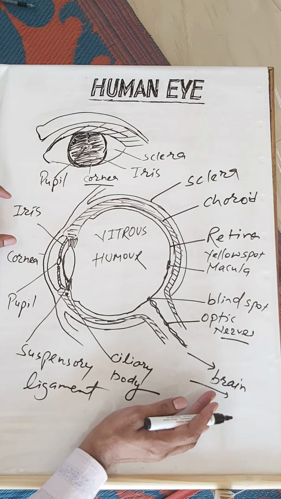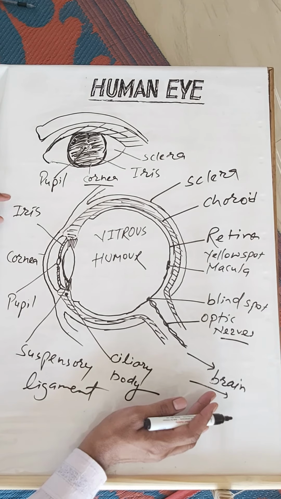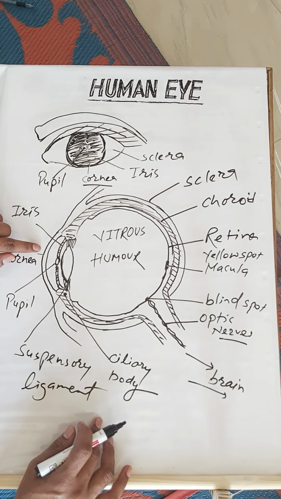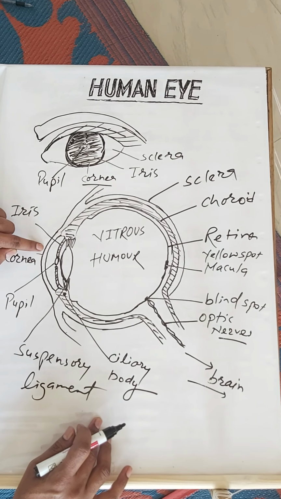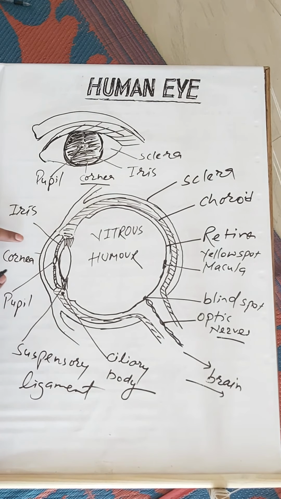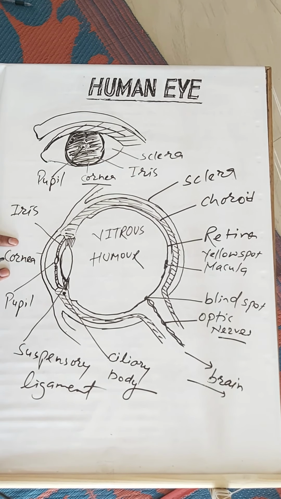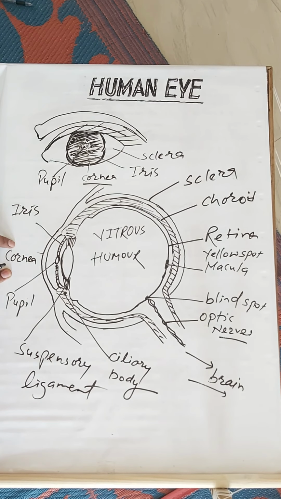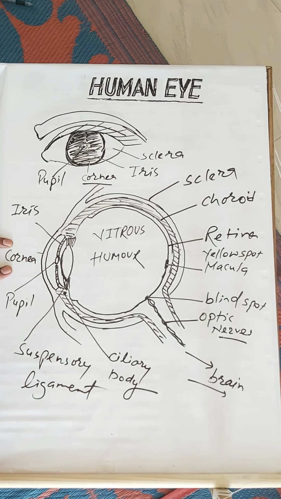Now I will explain you the functions of all the parts. First we are coming to the cornea. Cornea is the first layer. It is the window of eye through which light enters the eye. Okay, it means the entry gate or entry window of eye through which light enters. This is cornea. Cornea is transparent part.